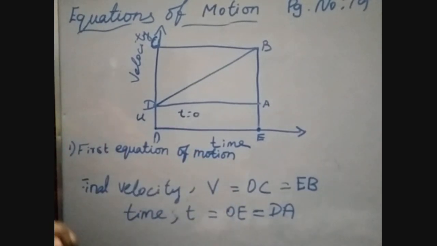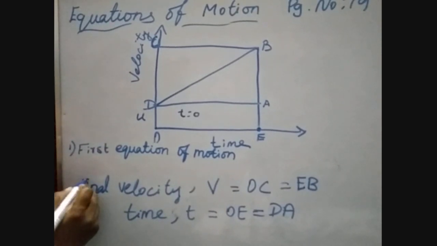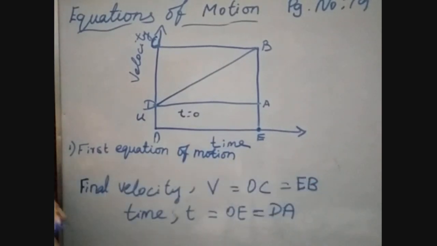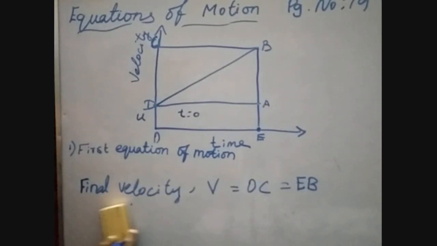Here we are going to find out the value of final velocity. The formula is V equal to OC equal to EB. Now, take the value EB or OC. Now, we are taking EB.